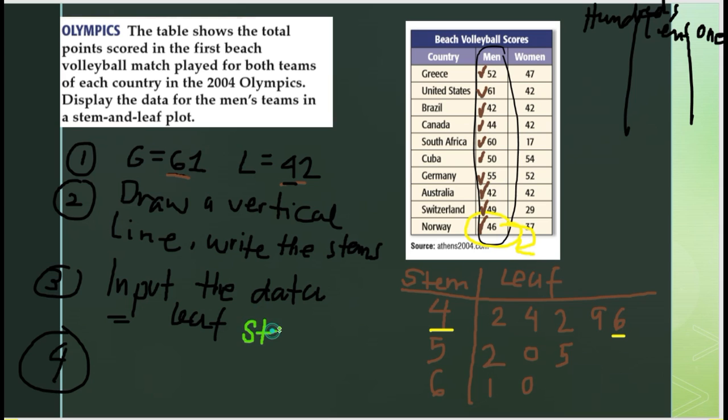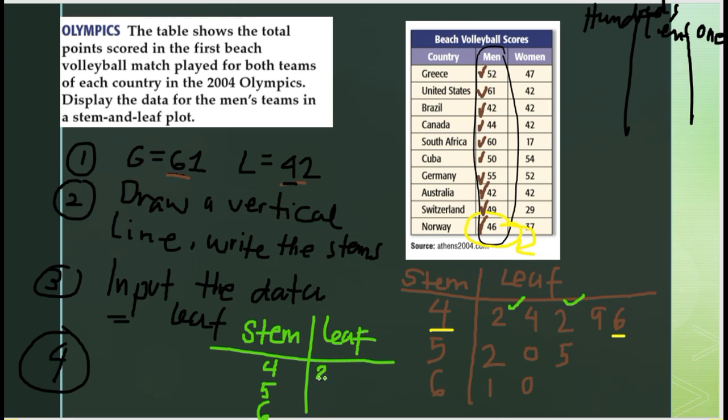We have here stem, and then we have here leaf. Let's continue. We will write it again in order. The stems are 4, 5, 6. Then check your data. 2, 2.